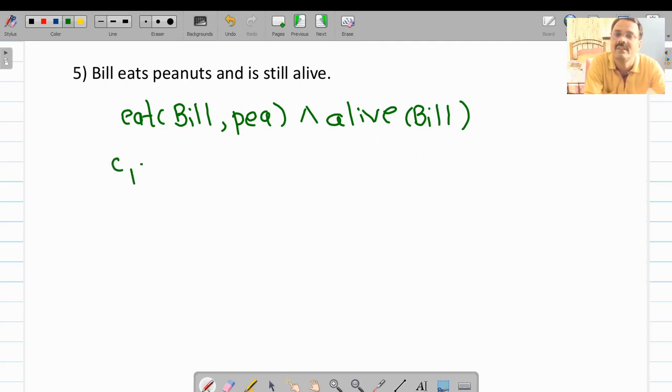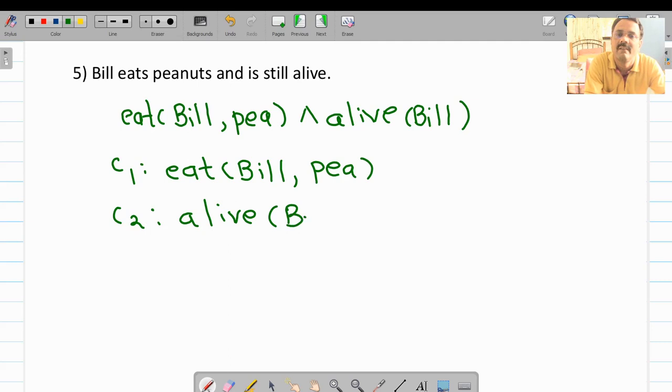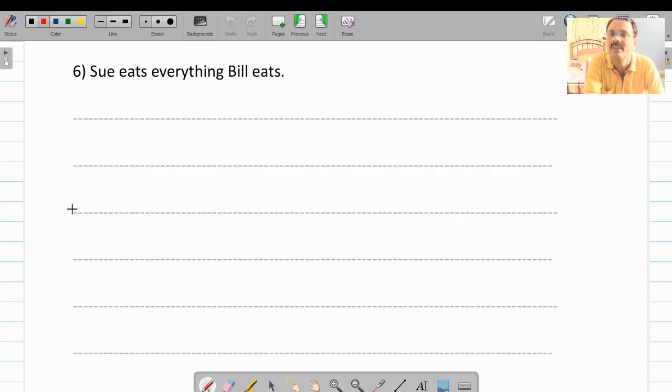So therefore your C1 will be eat Bill peanuts, and C2 will be alive Bill. Step number 8. You don't need to standardize variables, or either you can call it C51 and this is C52, because this is fifth sentence. So clause form conversion we will name that as C5, but that has resulted in 2, so C51 and C52.